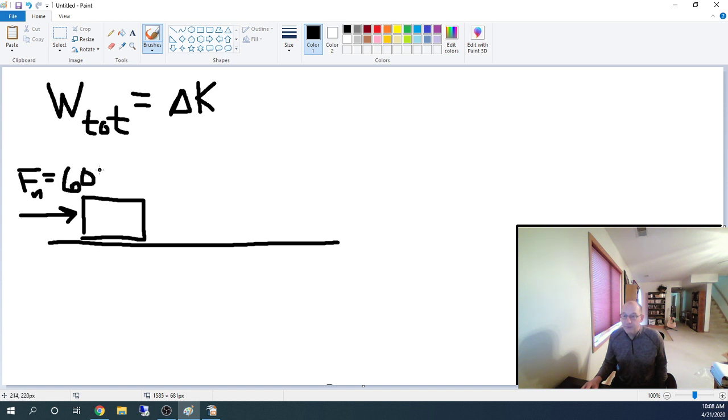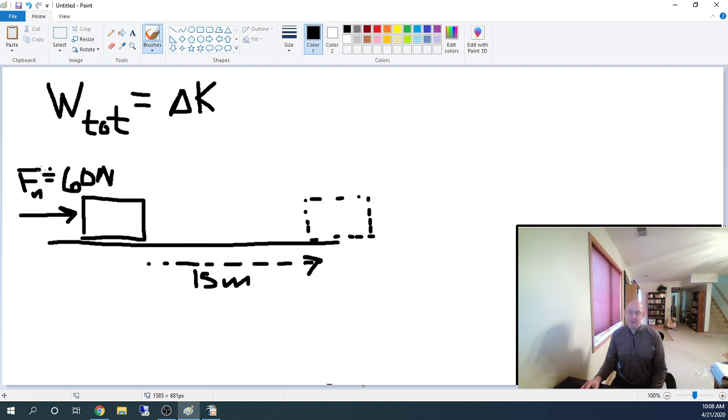You push this box along until you've moved the box over here a distance of 15 meters by pushing with a net force of 60 newtons. So this is the total force.